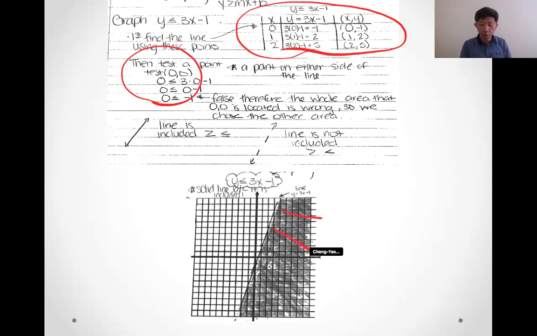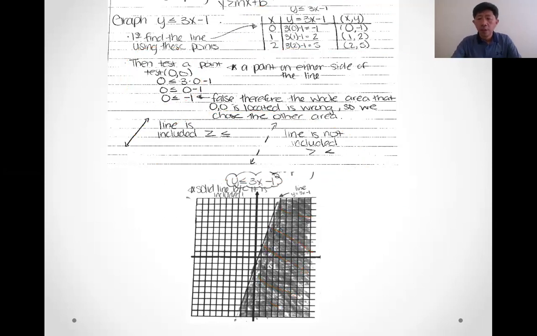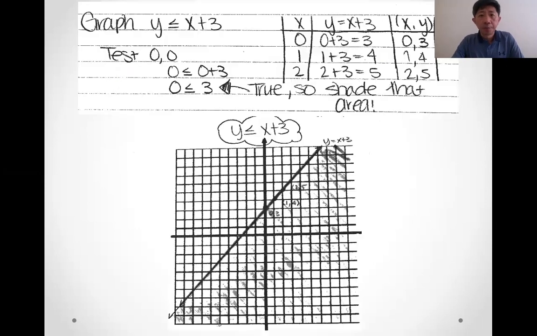So we only shade the region that is true, okay? And number 3 is we want to double check whether the line is included or not included. If there is an equal sign, then this is included. If no equal sign, then we have a dashed line, okay? Let's do another problem.